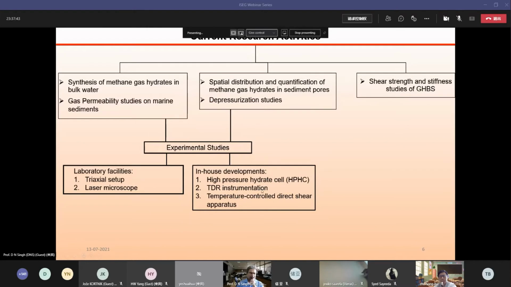We developed high pressure hydrate cells to study these things. We are using time domain reflectometry to establish the spatial distribution and to detect whether the hydrates are getting formed or not. And then we have also developed a temperature controlled direct shear apparatus, which happens to be, number one, very inexpensive.